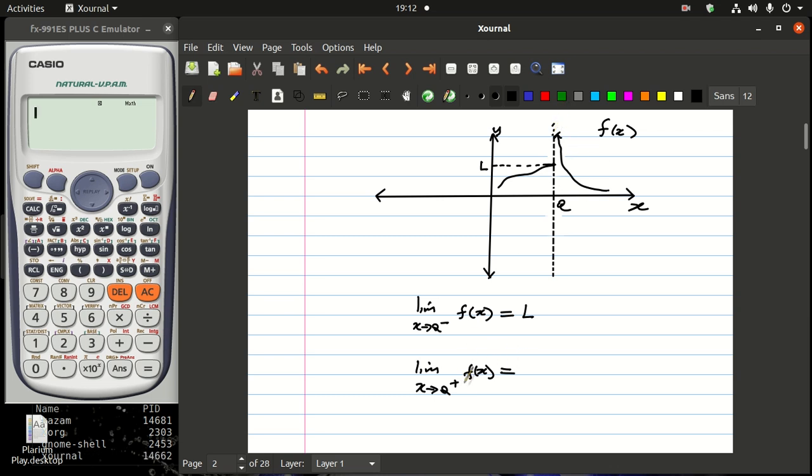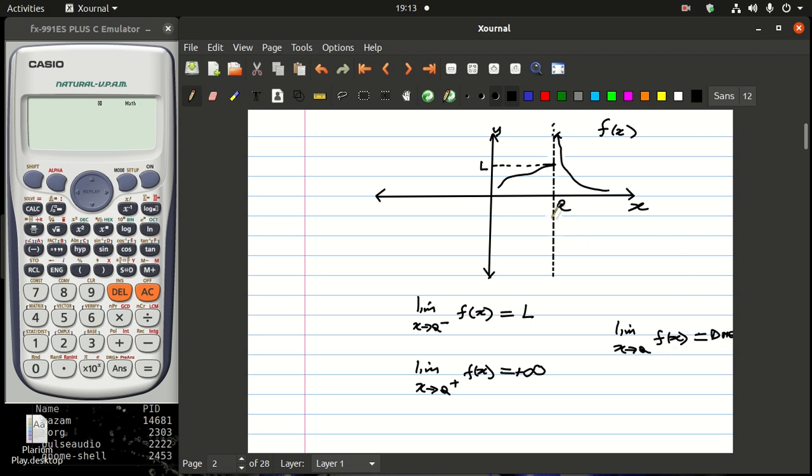So for this particular case, we'll end up having positive infinity. Of course, looking at this L and this infinity, they are not the same. Because the limit of this is L and the limit of that is positive infinity, and they are different, then we say that the limit as x approaches a of f of x does not exist, right?